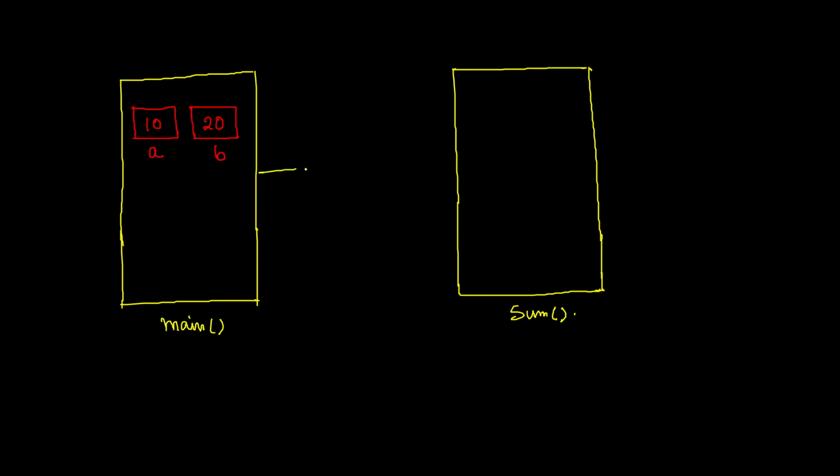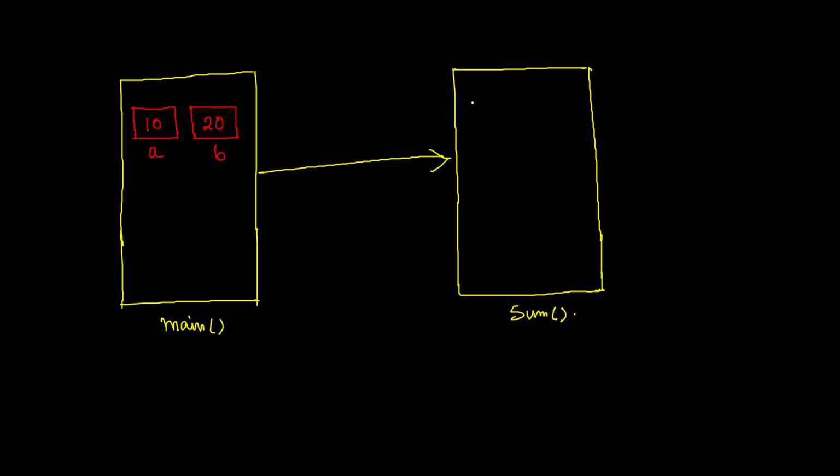transferred to the sum function. But to transfer the variable value, I must have some memory location on this side also, which is definitely not this A and this B, because these memory locations, which represent variable A and variable B, are limited within the main function only because of the scope.